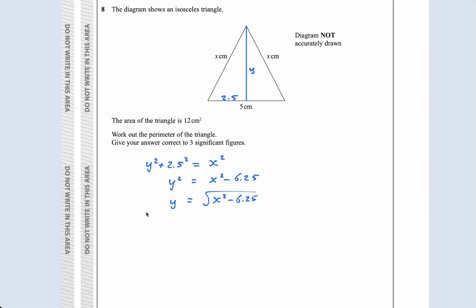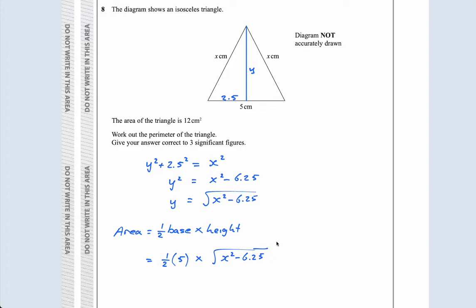So I can say the area of a triangle is equal to a half base times height. The base is 5, so it's a half times 5, times the height, which is y, the square root of x squared minus 6.25.